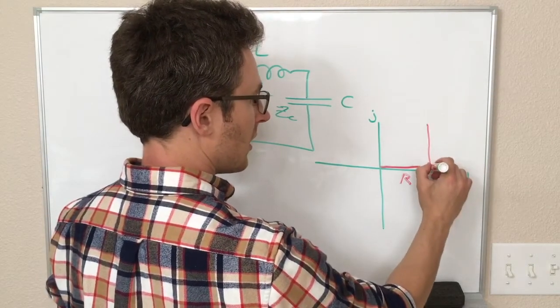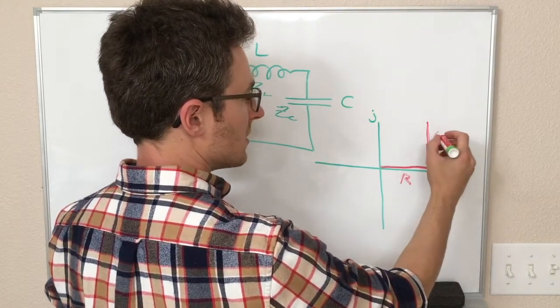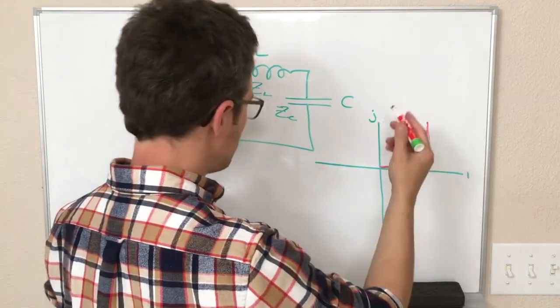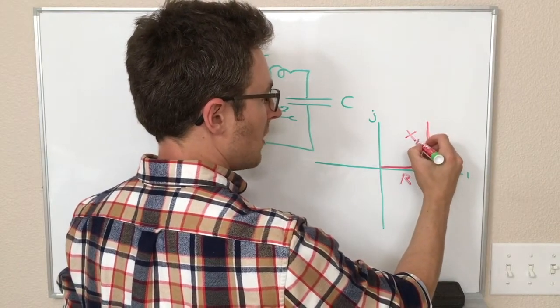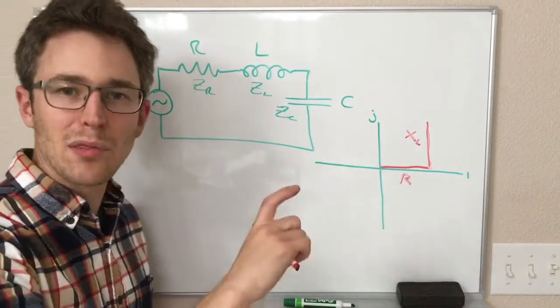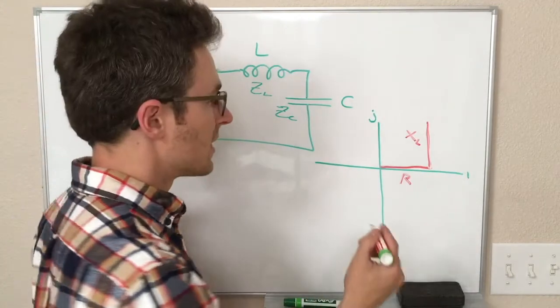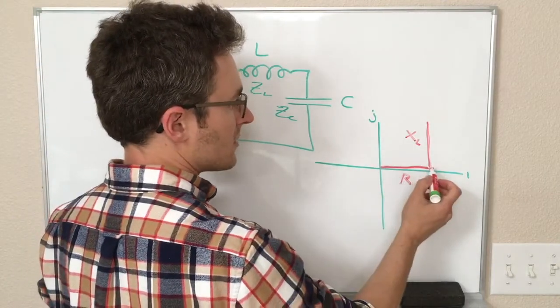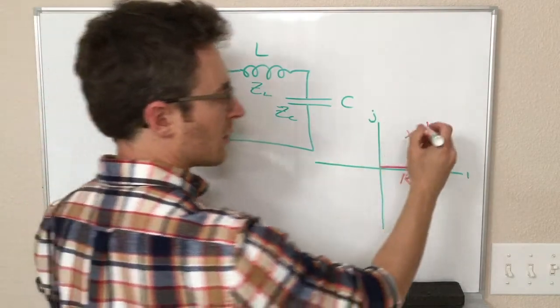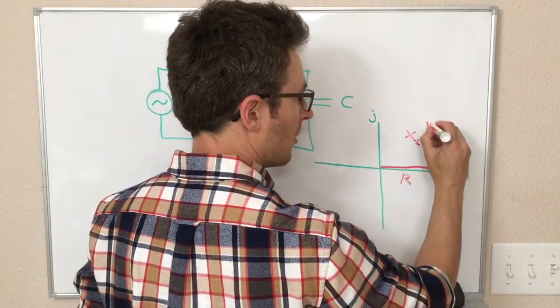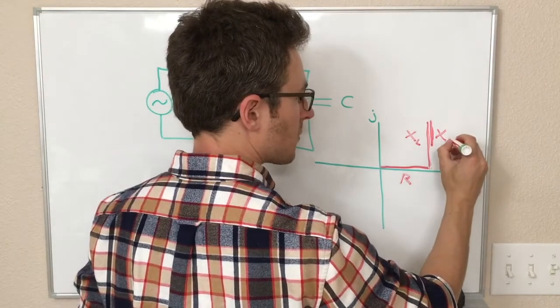So maybe we have an inductive impedance that looks like this, and we'll label it with its reactance XL, because that's the length of that vector on the diagram. So we've added that to that, and then ZC is in the down direction, an amount XC.